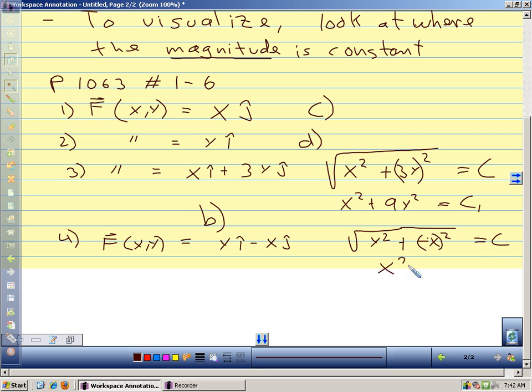So x squared plus y squared equals a constant. And then, if you plug in some points, you can figure out which direction your vectors point. So if you plug in point 1, 1, our vector is going to point 1i minus 1j. So which one is that going to match?